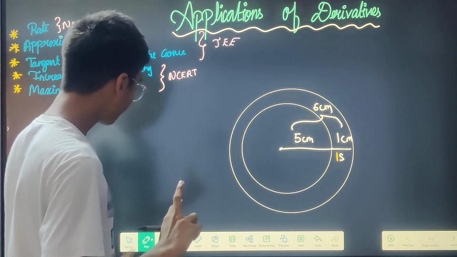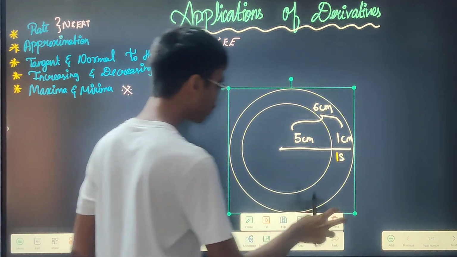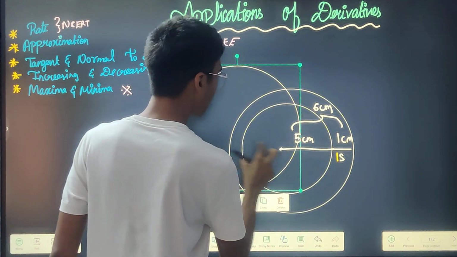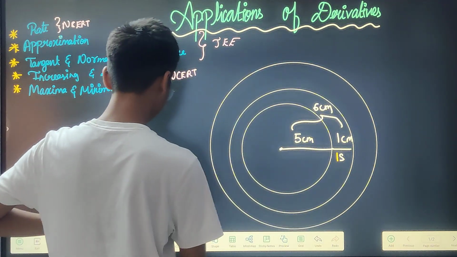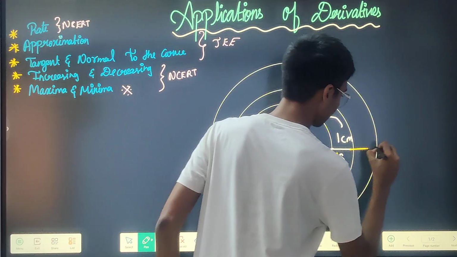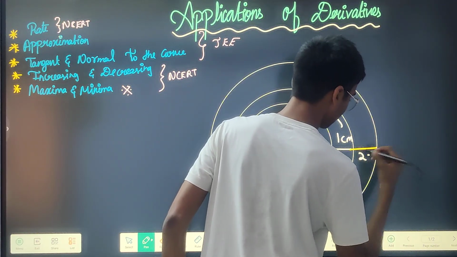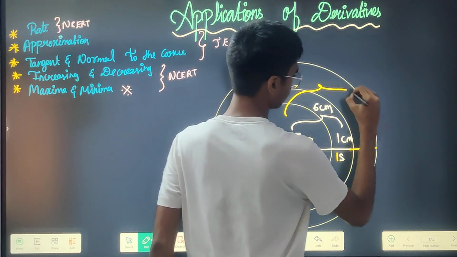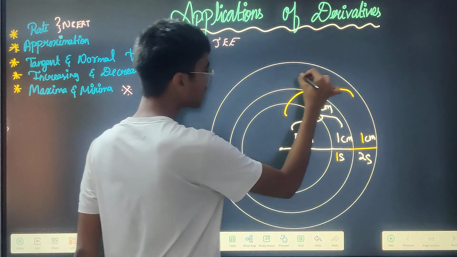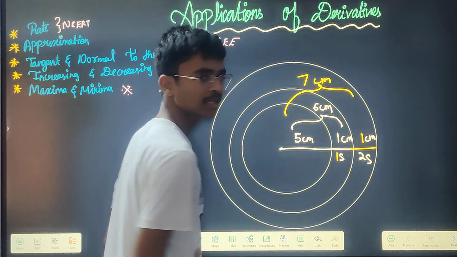Then in the next second it will again be growing. Now again 1 centimeter. So the total net radius of the circle is going to be 7 centimeters, isn't it?